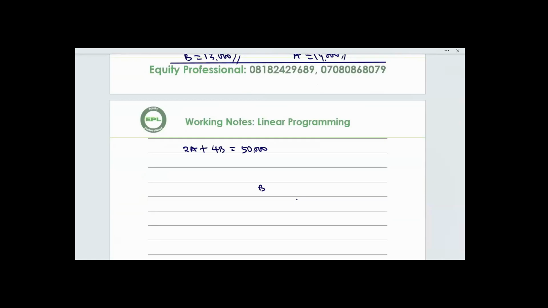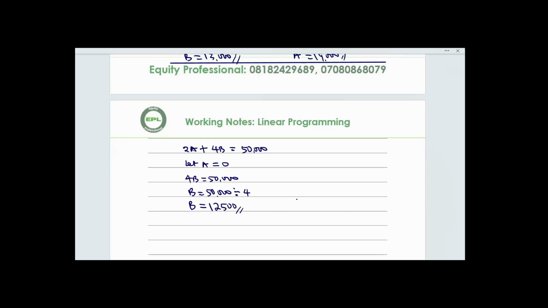So let's a equal to 0. Then 4b equal to 50,000. b equal to 50,000 divided by 4. So b equal to 12,500.